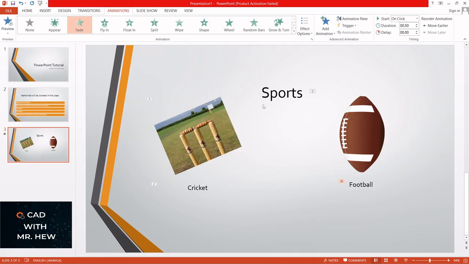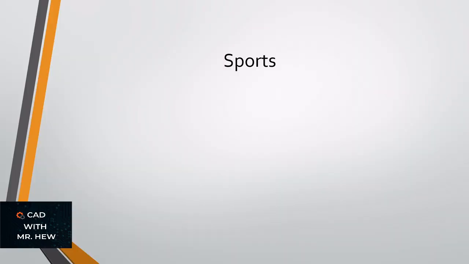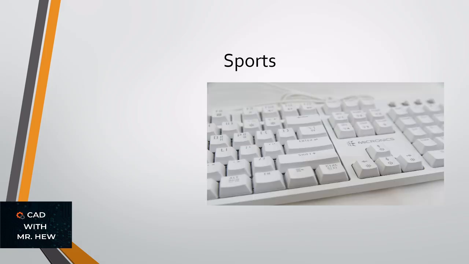So let me go to the slideshow down here, and the slide which will be shown is slide 3, the current slide. So let me show you now. See? So when you press the enter key, the space bar, the page up or page down, you'll see.